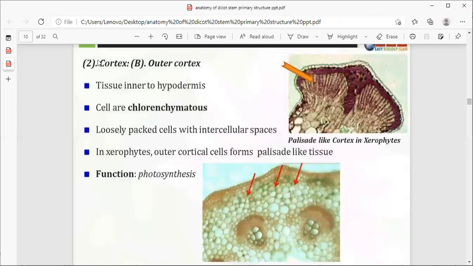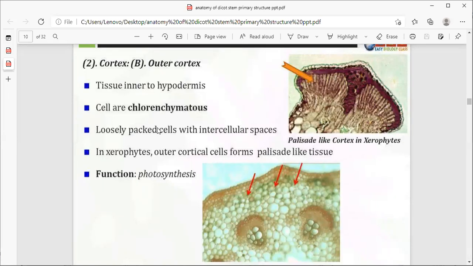Okay, please see the second portion here, that is the cortex region. Firstly we see the outer cortex. Below the epidermis, we can find some kind of greenish tissue. You can see the greenish tissue here. Green color means these are chlorenchymatous cells, which have chlorophyll pigment and are used for photosynthesis.